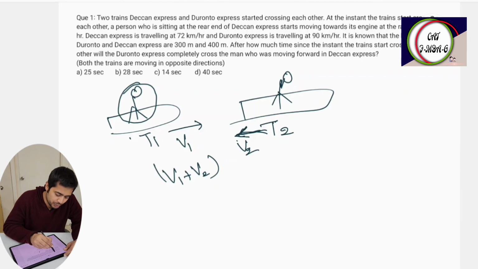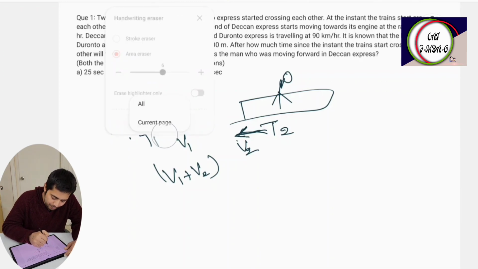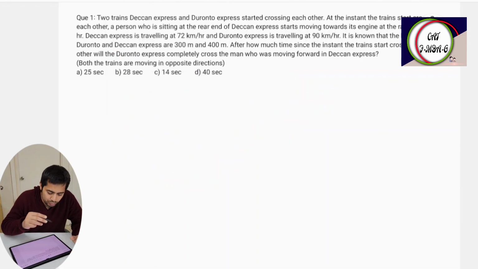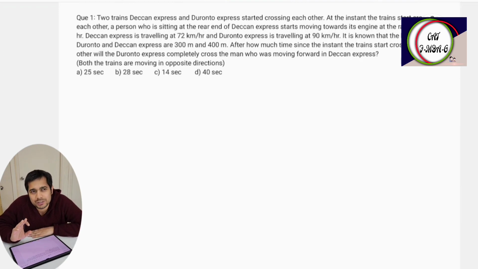So let's learn from the question itself. If you are able to solve all the questions of this video by yourself, then at the end of the video, after a few days, give it an attempt again. If you are able to solve all these questions without any help, it is more than sufficient for the relative velocity concept. You need not revise anything else.